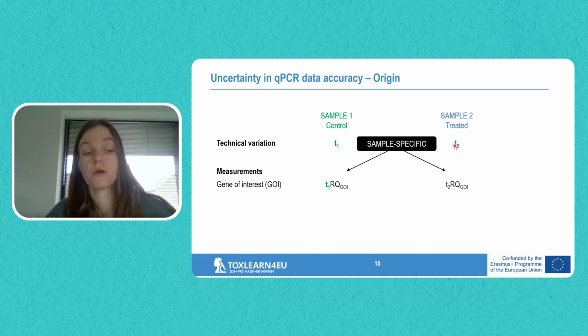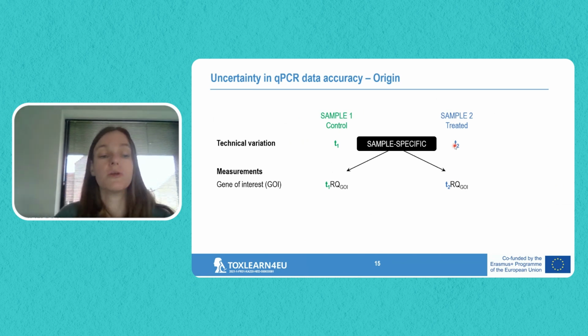Then what we will do is we will measure the expression of our gene of interest. And this expression, we show it as a so-called RQ value, and RQ stands for relative quantities. And in the demo on data analysis, it will become more clear how this is specifically calculated.